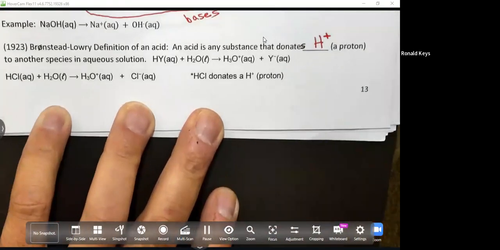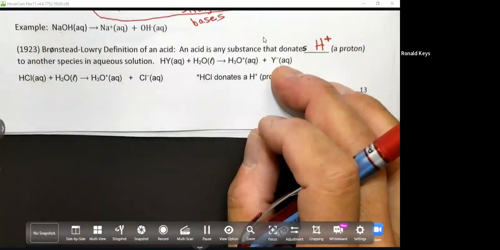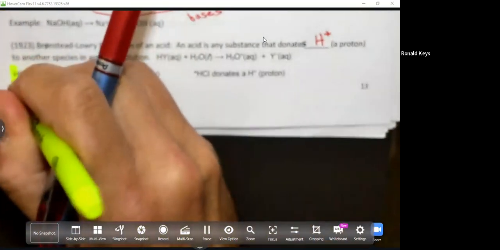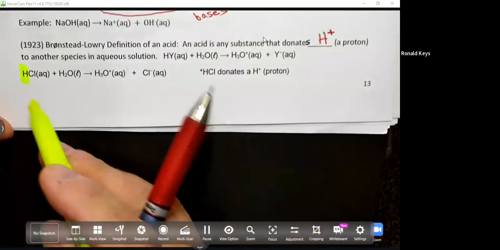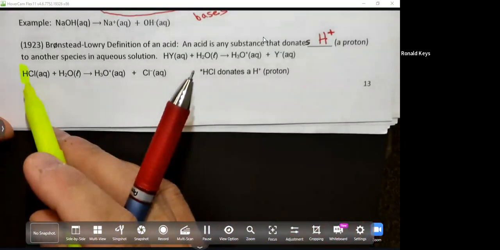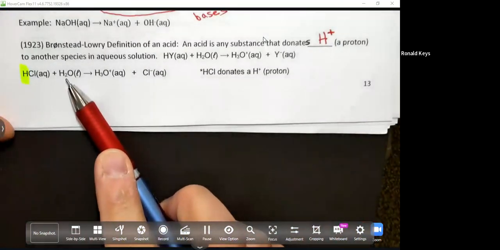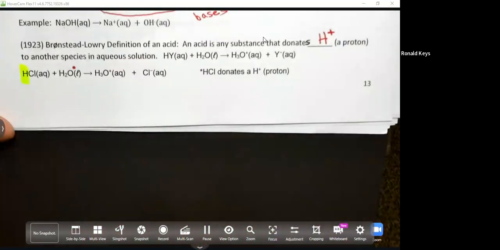So here's what this looks like. This is my hydrogen. Where did that hydrogen go? Hydrogen had to attach itself to water, right? This does not have a charge. Zero charge.